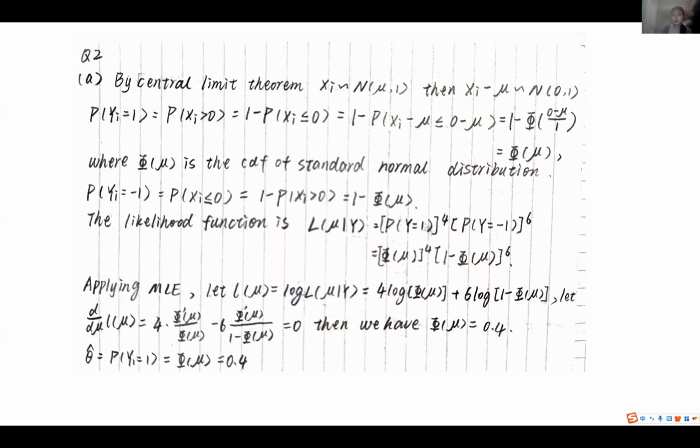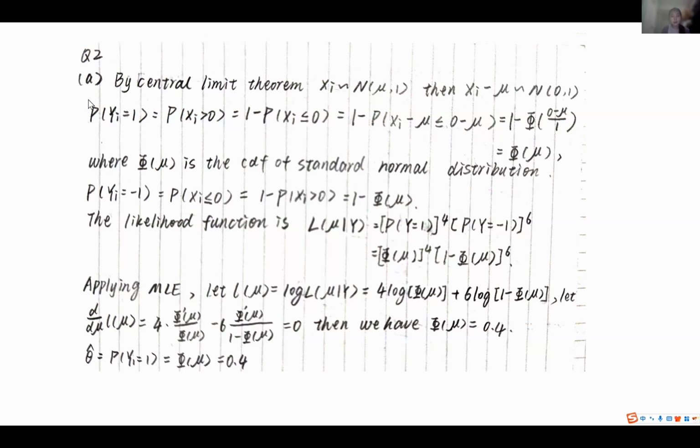If we know the CDF of the standard normal distribution, we can have a concrete number. So we finally have this solution in terms of mu. If we know what mu is, we can really know the solutions, right?